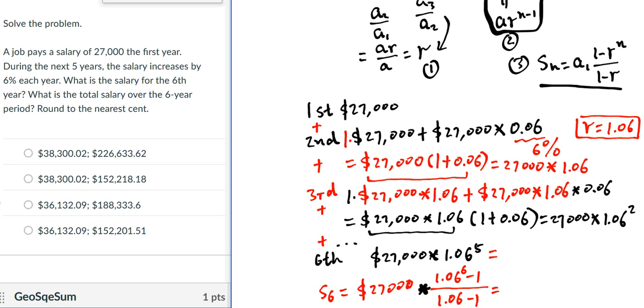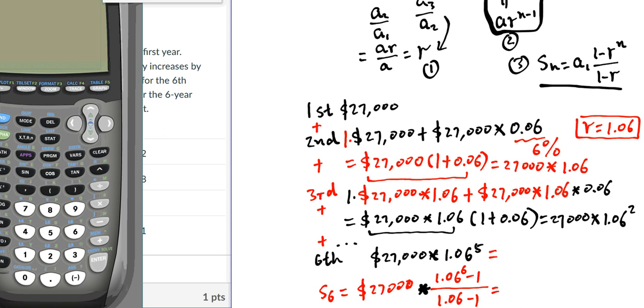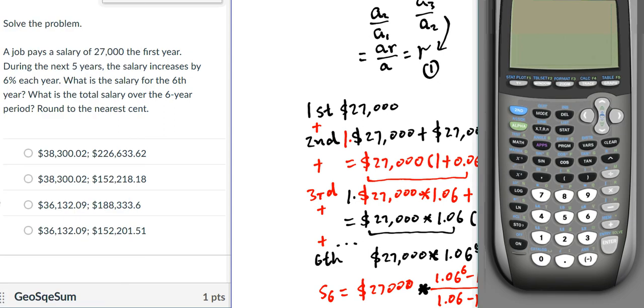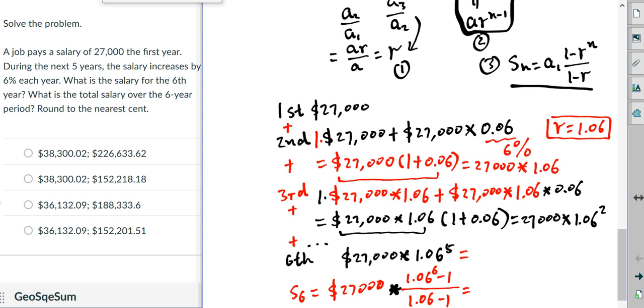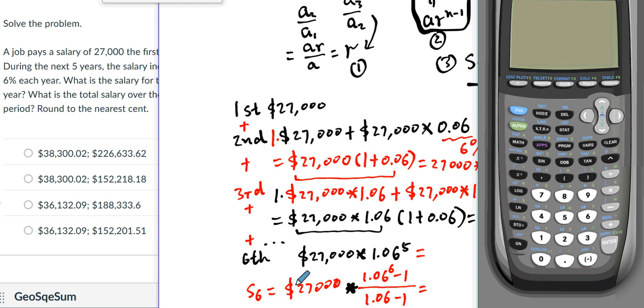Let's use the calculator to see how we are going to find this total salary. I have to move this one up to this place, and then my calculator shows up.